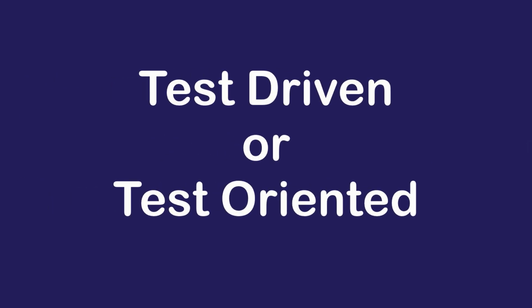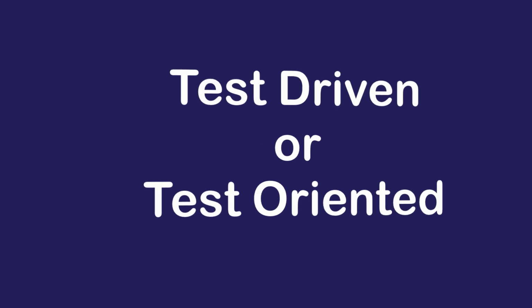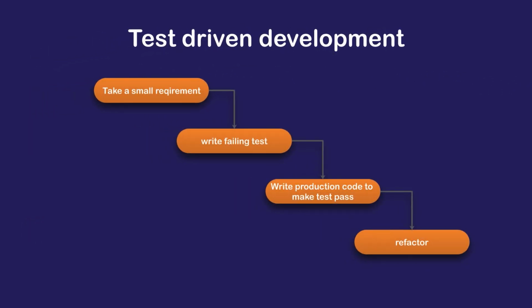Now let's look at two different approaches when it comes to writing unit tests. The first one is called test-driven development. Test-driven development is a popular approach for writing unit tests. With this approach, we write a test first, see it fail, then write production code to make the test pass.